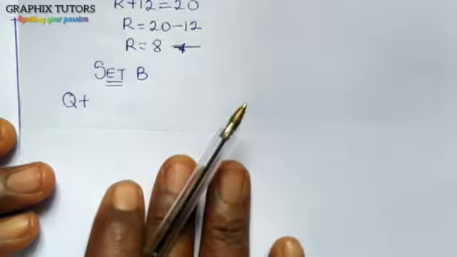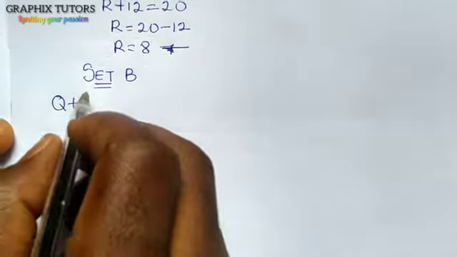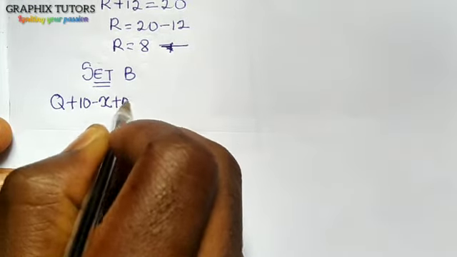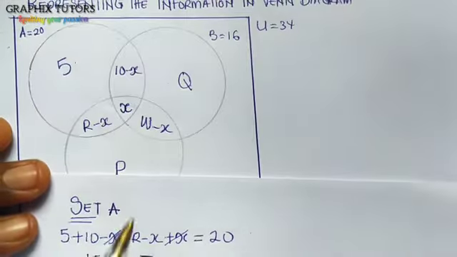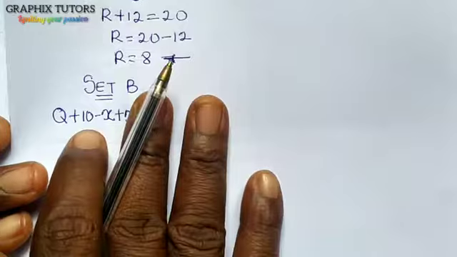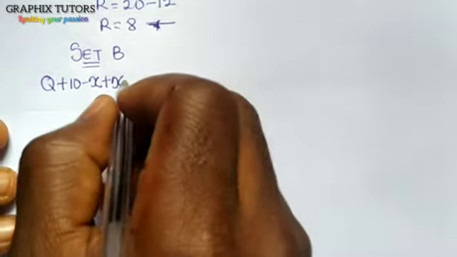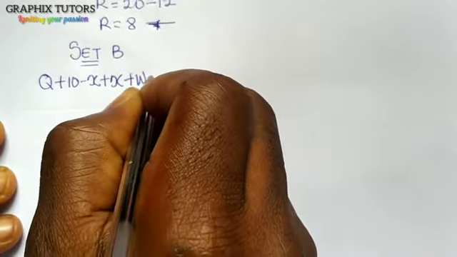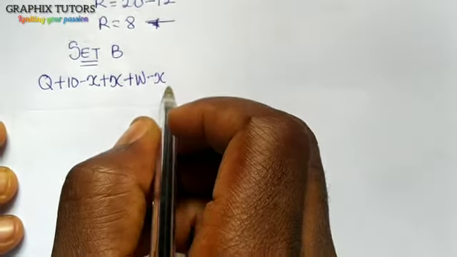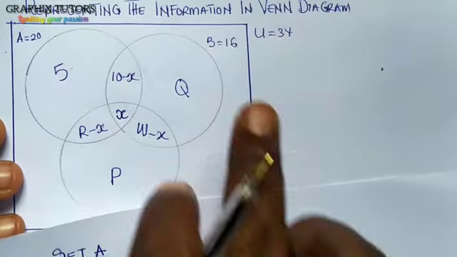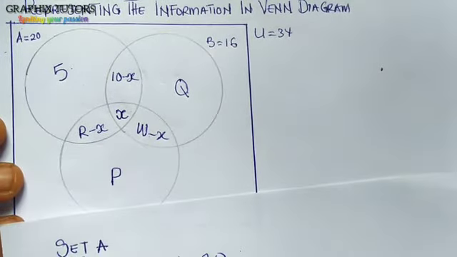So we have 10 minus X plus X, right? So we've done that. The next one is what? Plus W minus X. Equals to what? Equals to 16.